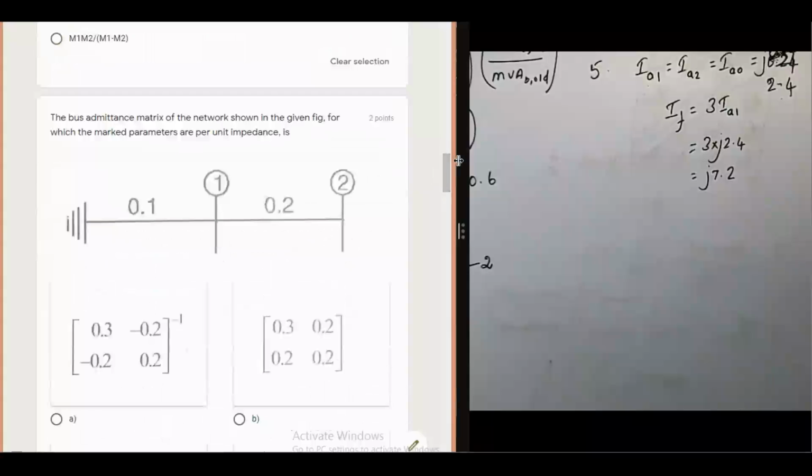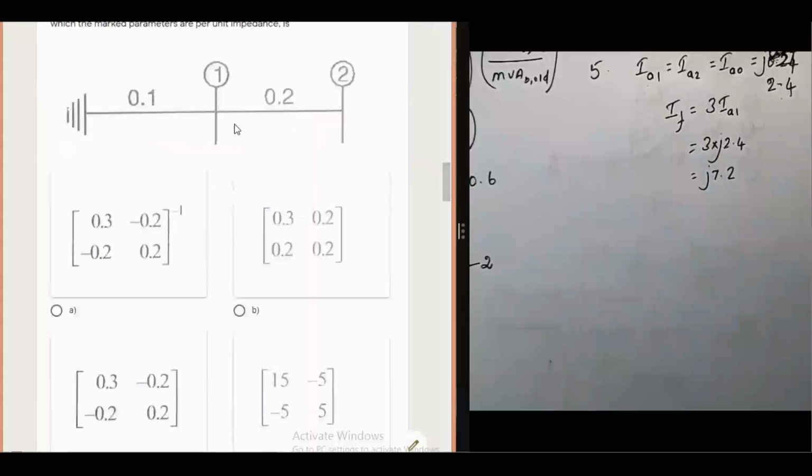Then eighth question, question number 8. The bus admittance matrix of the network shown in the figure, for which the marked parameters are per unit impedances, is to be calculated for this line diagram.